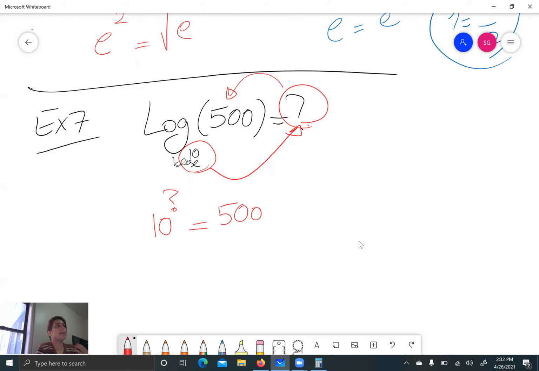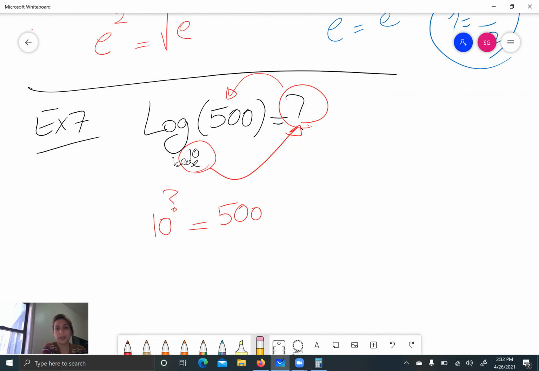I don't know, because sometimes we can answer exponential questions easily. For example, if instead of 500 we had 100, then the answer would be 10 squared. If it was 1000, the answer would be 10 cubed. But 500, we don't know that.